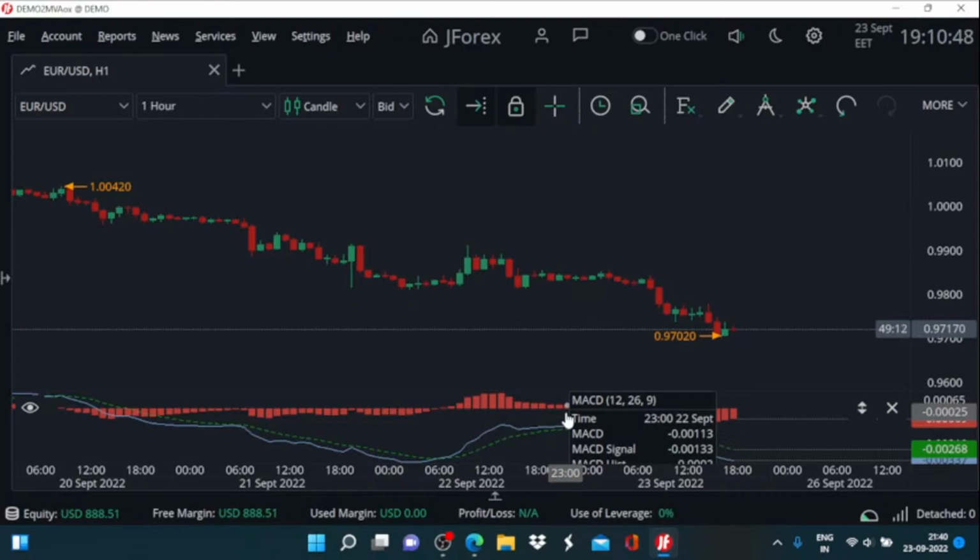The formula is relatively simple. We take into consideration the difference, the divergence between the 12 period EMA and the 26 period EMA. So we calculate these two EMAs independently. Then we subtract the 26 period EMA from the 12 period EMA, which is going to be more responsive to the recent price fluctuations.